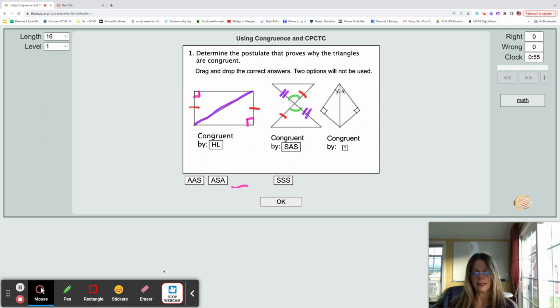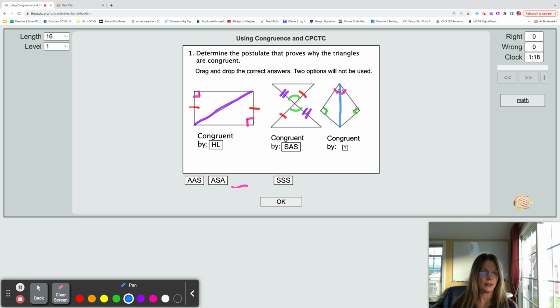Now we go on to the last one, and we notice that it's another right triangle. But hypotenuse leg is already used, so it's going to be something else. There is an angle that they each have that's congruent, and another angle. And don't forget that side that they share.